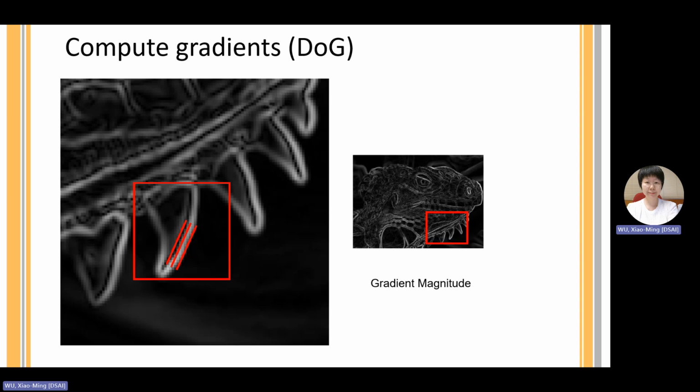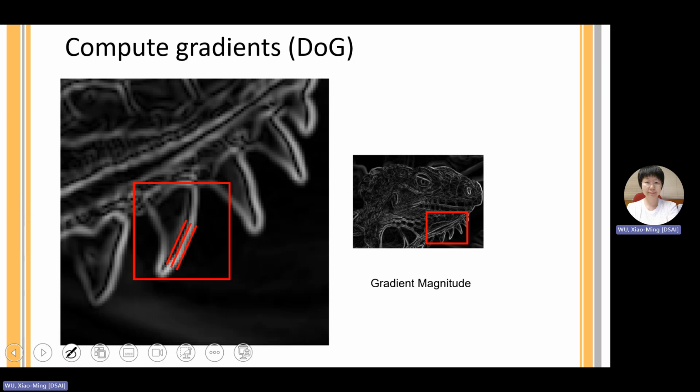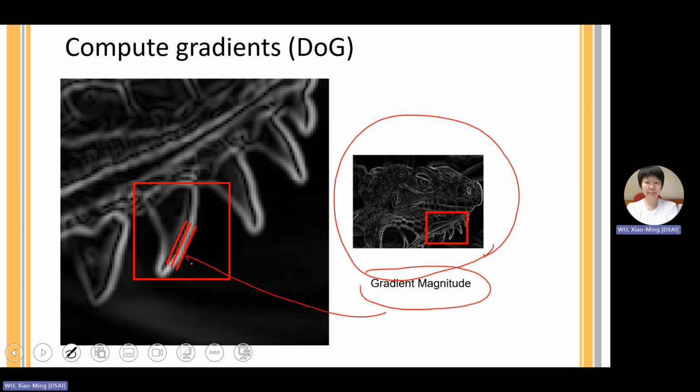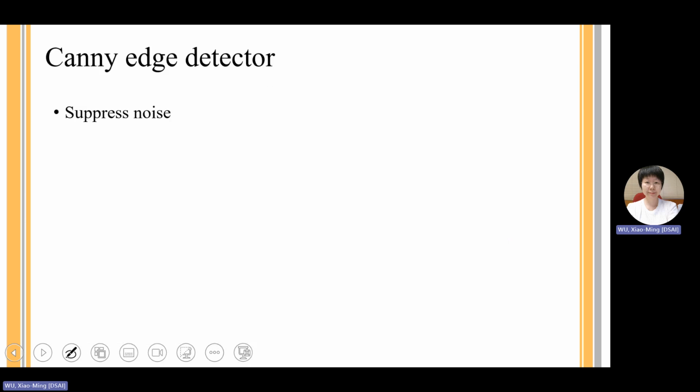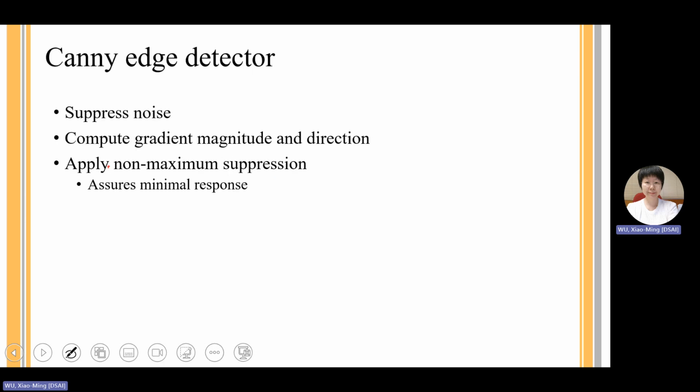See? So this is the gradient magnitude map. In edge detection, after we compute the gradient magnitude map, we observe that there is some redundancy, thick edges. Then we perform non-maximum suppression to assure minimal response.